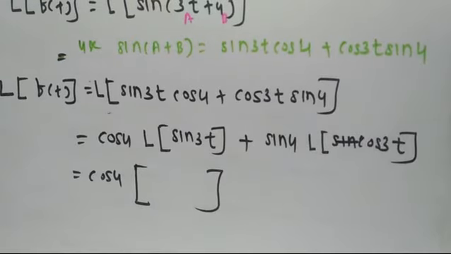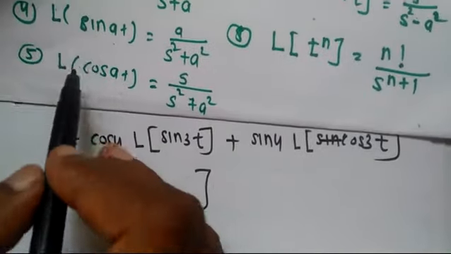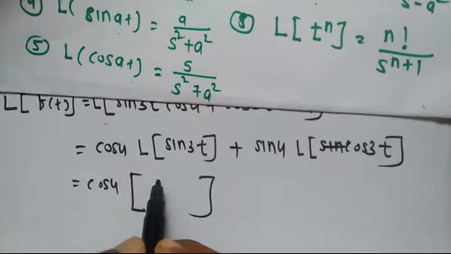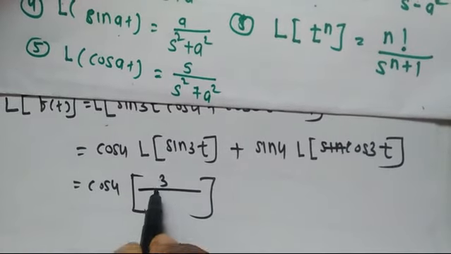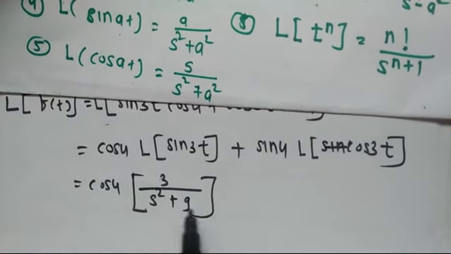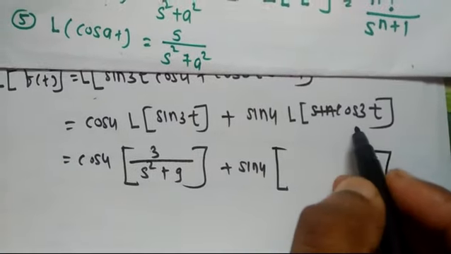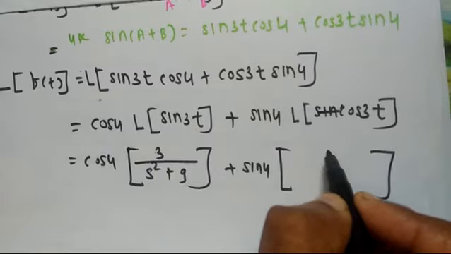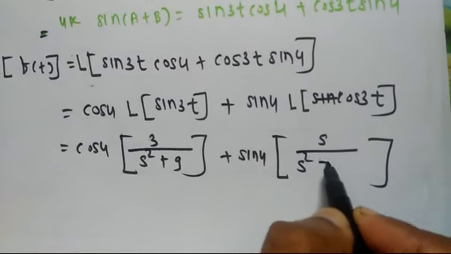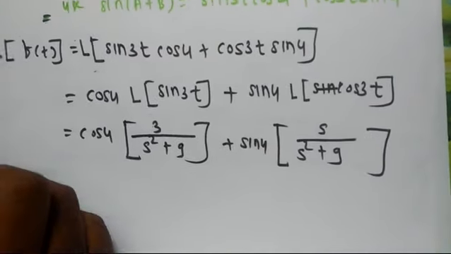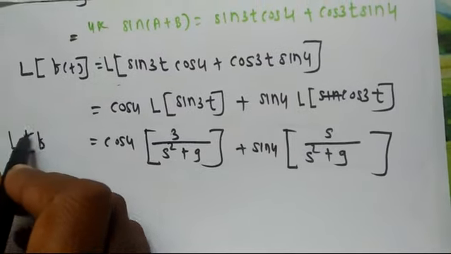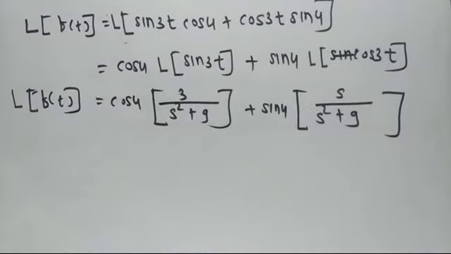We know the Laplace transform of sin 3t. What is this Laplace transform of sin 3t? a is 3, so 3 by s square plus 3 square, that is 9. Sin 4 is a constant. What is the Laplace transform of cos 3t? That is s by s square plus 9. This is the Laplace transform of f of t.